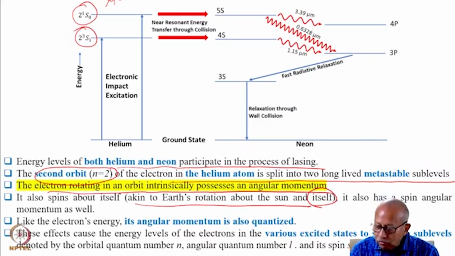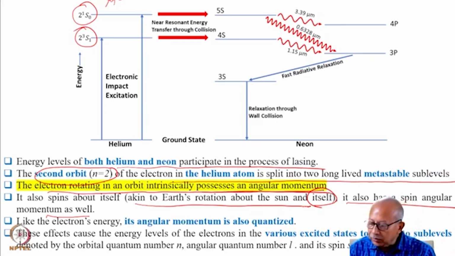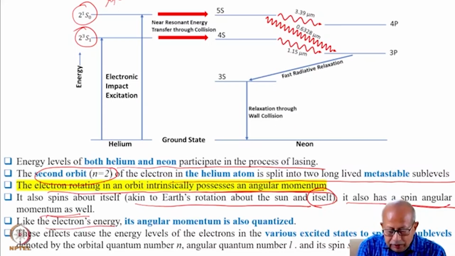So the electron also has spin angular momentum. Because it rotates, it has an orbital angular momentum, and because it spins about itself, it also has a spin angular momentum. And as the electron's energy is quantized, its angular momentum, both orbital as well as spin, is also quantized.